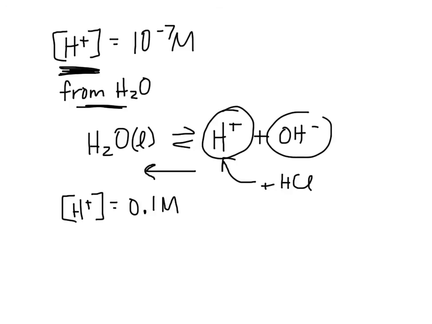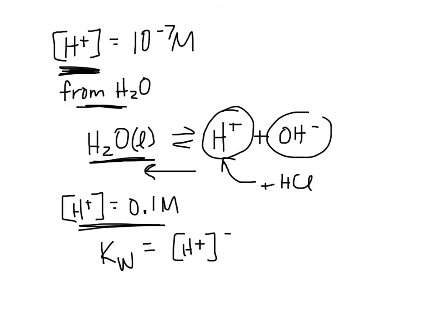So a question could be, calculate the concentration of hydroxide ion in 0.1 molar hydrochloric acid. It may be an acid, but there's still some hydroxide ion in there because there's some water in there. So we can substitute this into our equilibrium expression and solve for hydroxide. Our equilibrium expression: Kw equals the hydrogen ion times the hydroxide ion. Kw is 10 to the negative 14th.